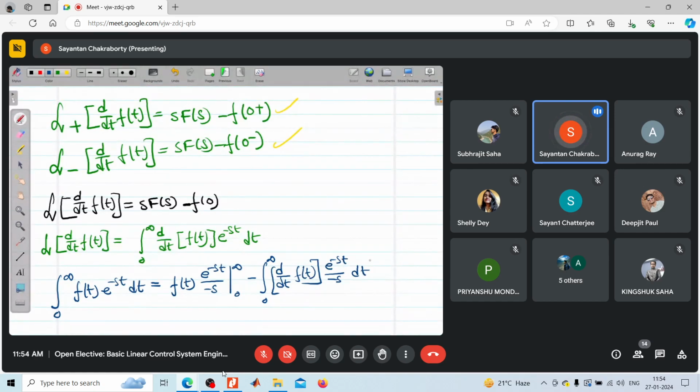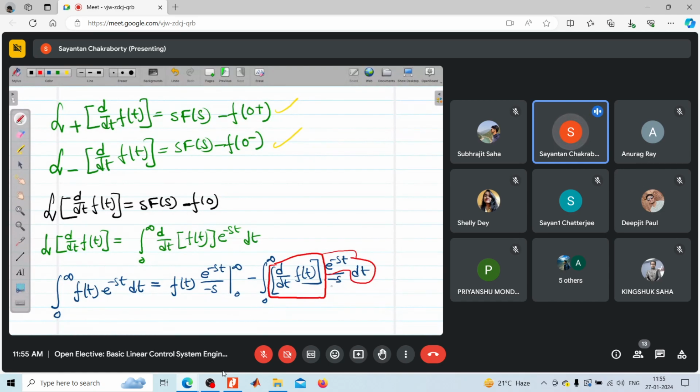Okay. Now if we take the Laplace transform of this, we can simply write: this is one part, this is the other part. This part along with this part gives the Laplace transform of d/dt of f(t).